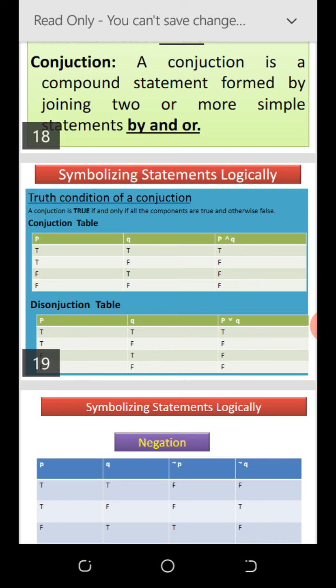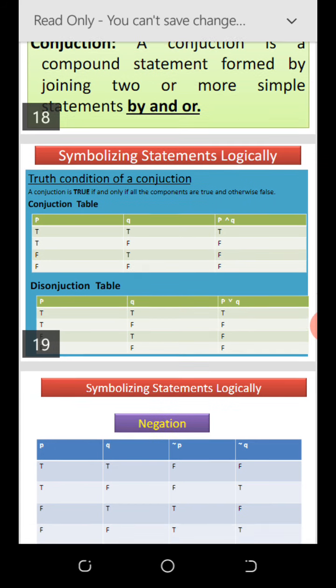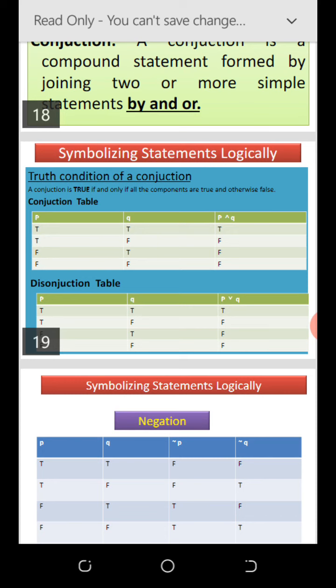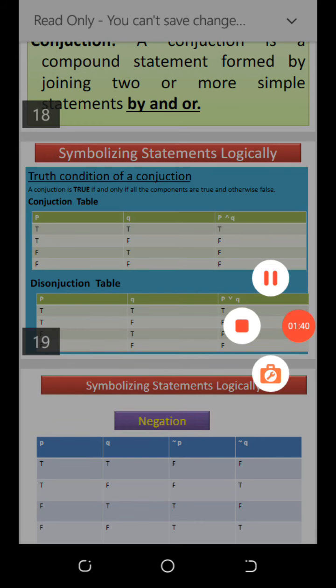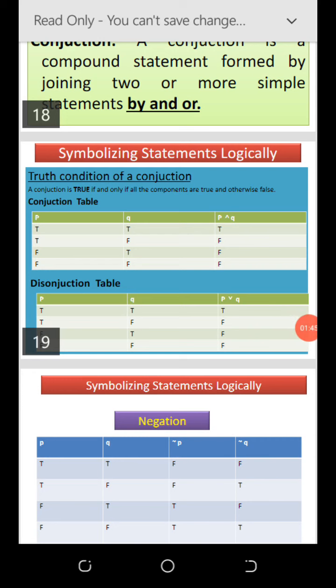A conjunction is true if and only if all the components are true, and otherwise false. So under the conjunction table, we need to be attentive here and apply the logical sentence.